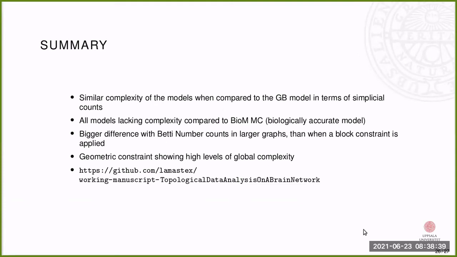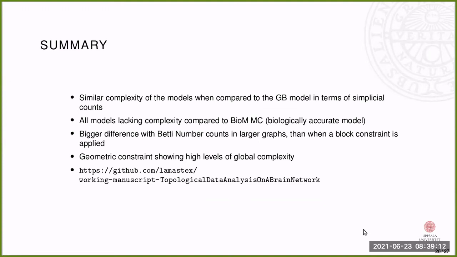We found the bigger differences between the Betti numbers when the geometric constraint was applied to larger graphs. If we were taking the Betti numbers on the block constraint models, the differences between having the geometric constraint and not having the geometric constraint reduced the difference in order and complexity of these models.